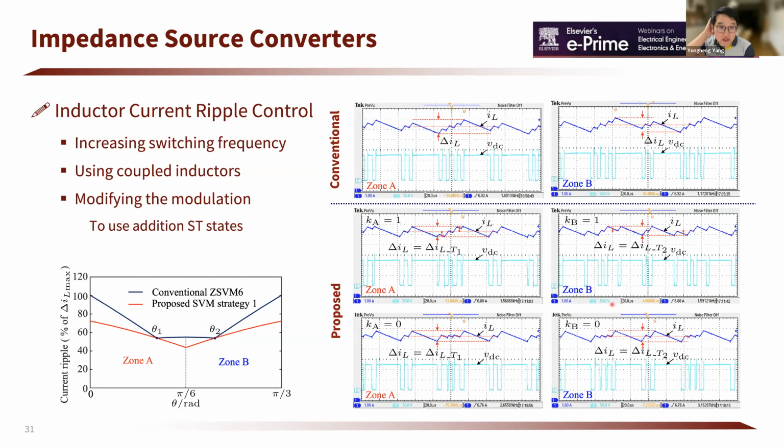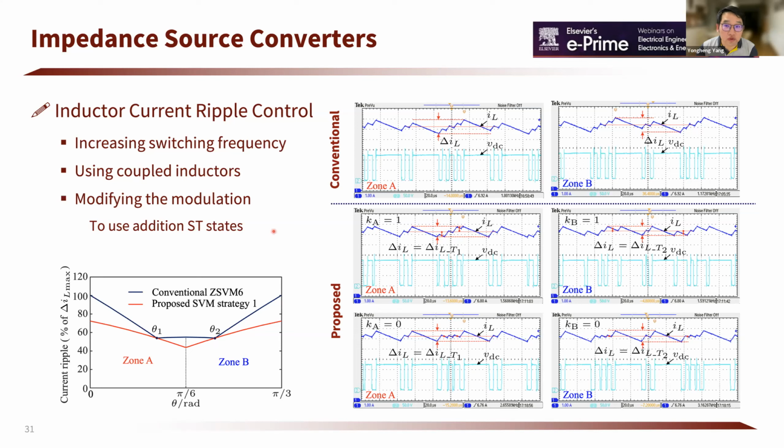But for such a system, we also have some issues to address, for example, the current ripples. If you minimize the ripples, you can use smaller inductors, and this can improve the switching and improve the efficiency. There are a couple of solutions to achieve so, like increasing the switching frequency or using coupled inductors.